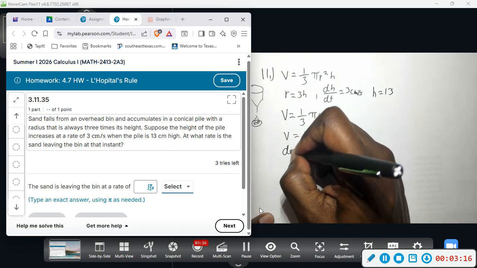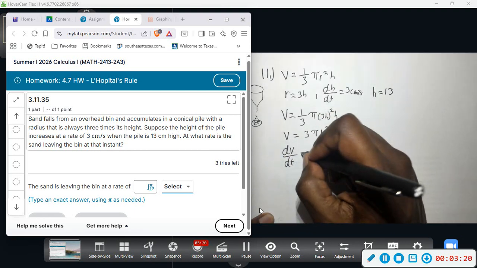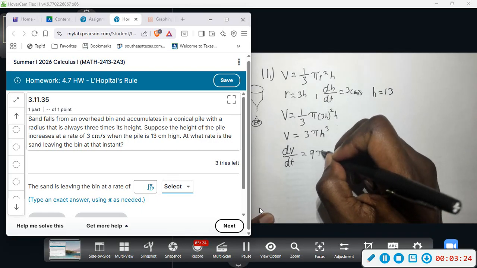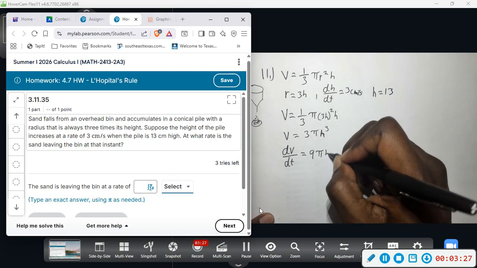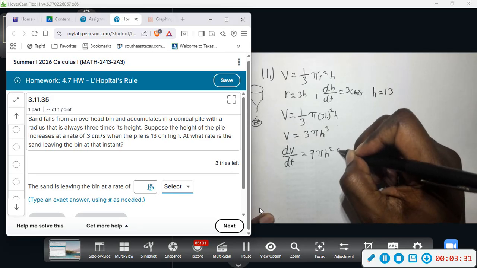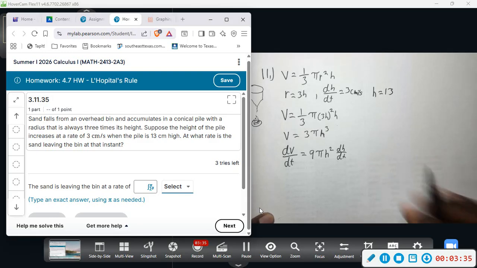So dV/dt is equal to 3 times 3 is 9 pi h squared, and then the derivative of h is dh/dt, using related rates. All right.